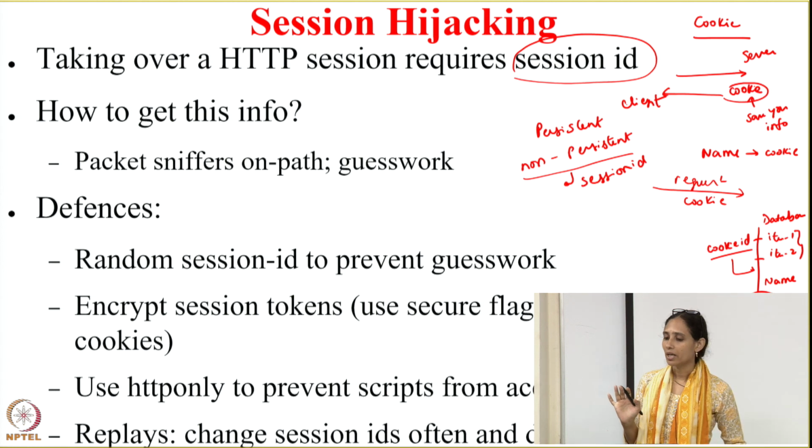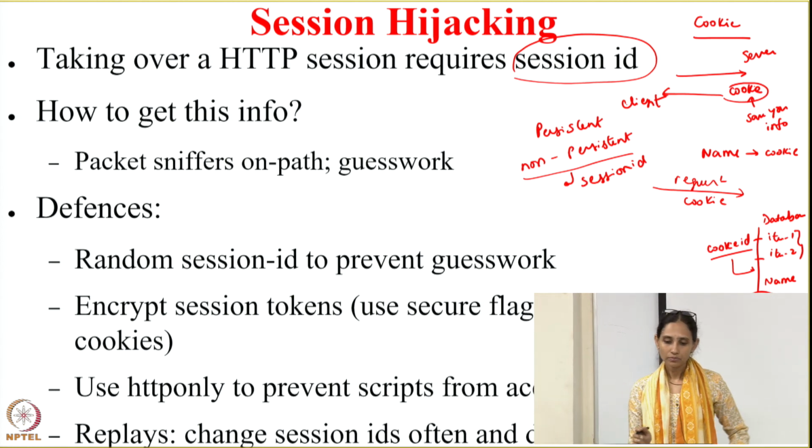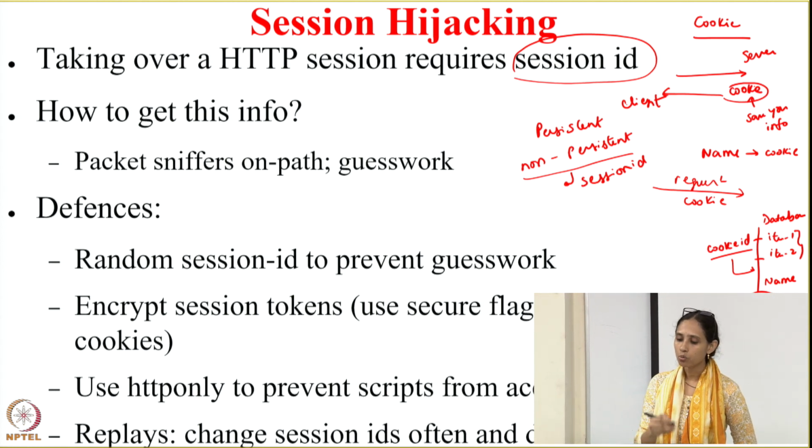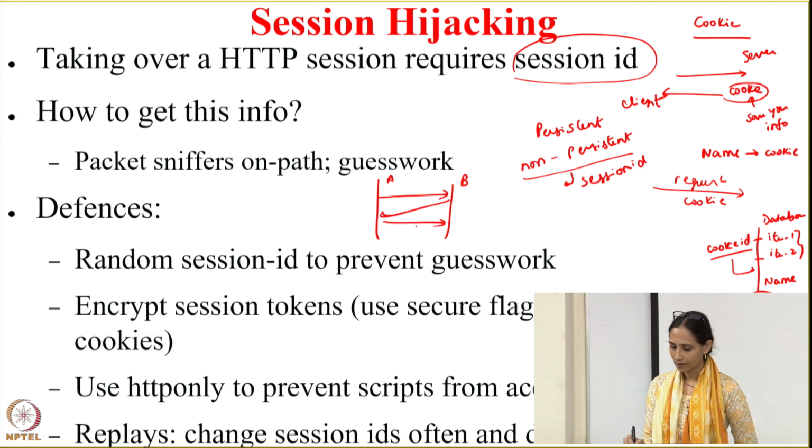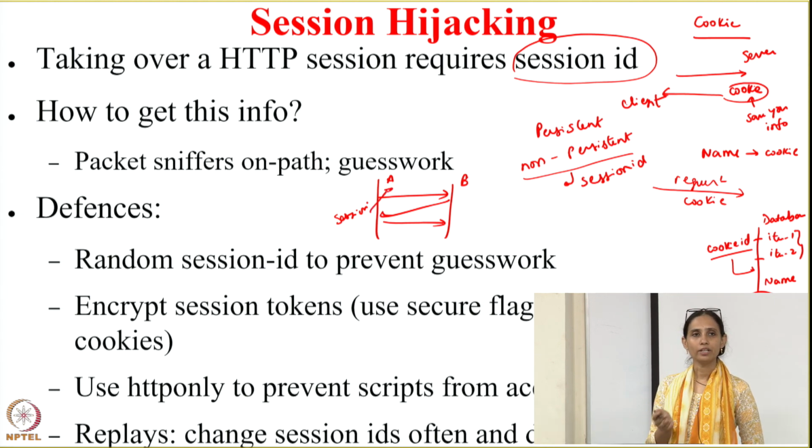Okay. Now, the idea is that the attack is where you want to take over. So, there is some A, B and they are talking with each other, and as part of it some session ID has been established with A. It authenticated whatever.